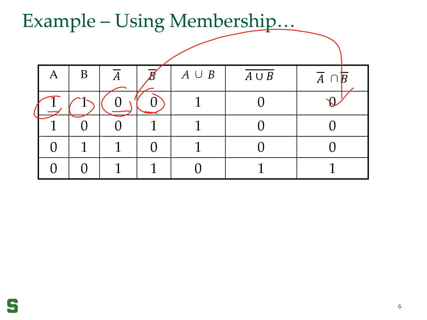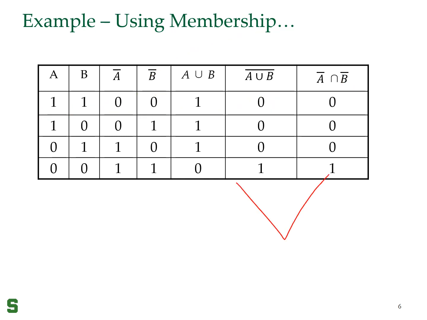Likewise, if the element is in A, or the element is in B, then it is in the union, and therefore it's not going to be in the complement. Now what we want to do is make sure that these two columns are identical. If they are, then the equivalence that we are trying to show is valid.